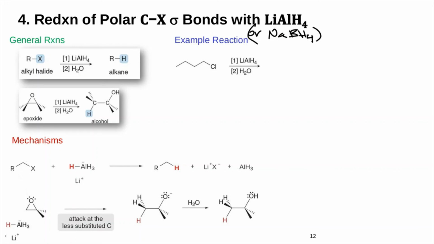It's the more reactive of the two. So whether you have lithium aluminum hydride or sodium borohydride, lithium aluminum hydride is the more reactive version. And it's because the aluminum hydride bond is more polar, so the hydride is more partial negative and is released more easily into the solution.